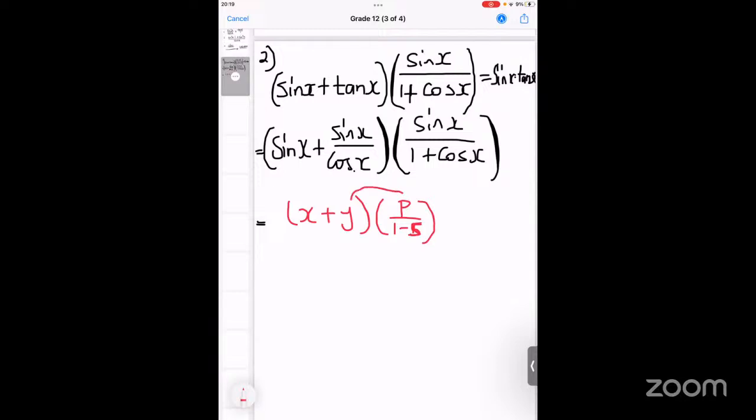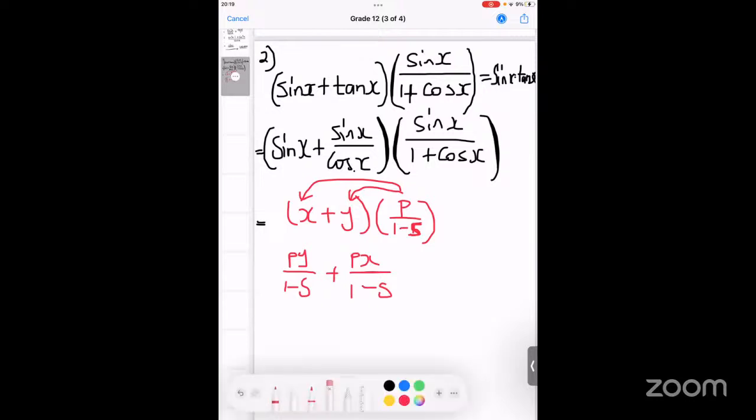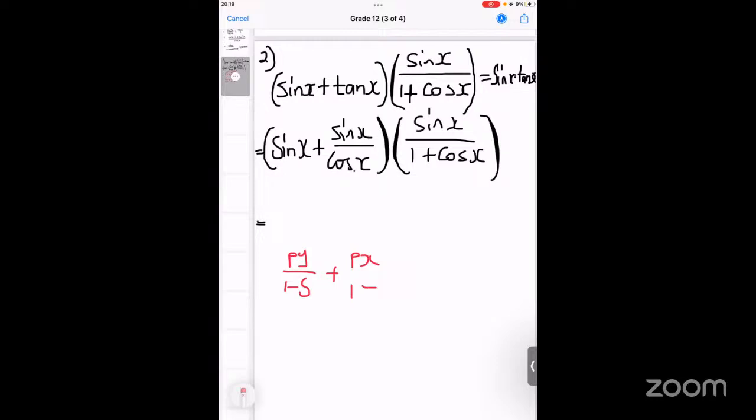You can say that by that, that by that, so it will be py over 1 minus s, and then you still have px over that. Can you see there, Didintle? Yes, sir. If you don't want to do that, then you can try to work out that fraction inside that bracket so that you have it as one term.